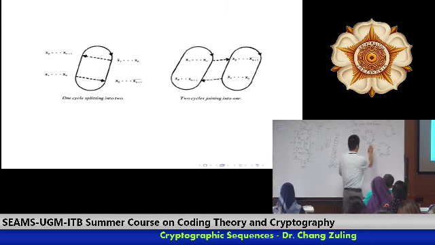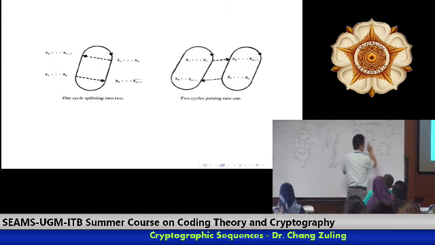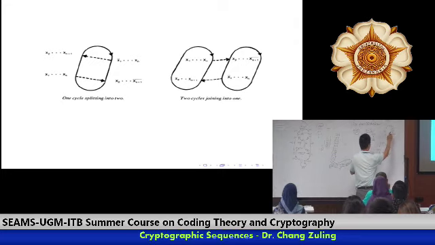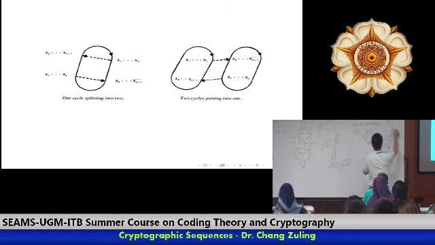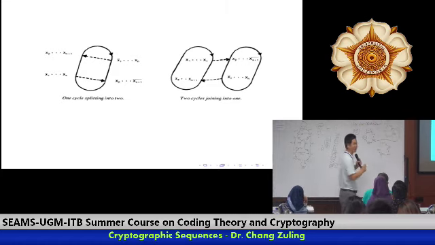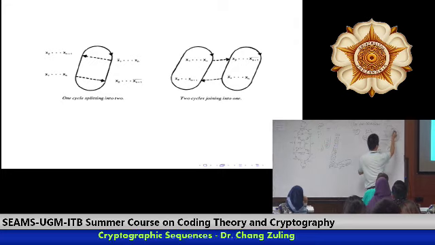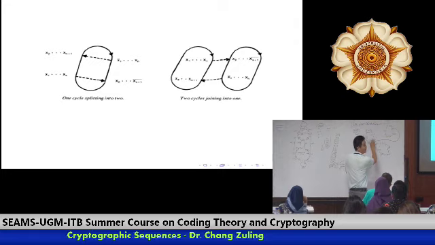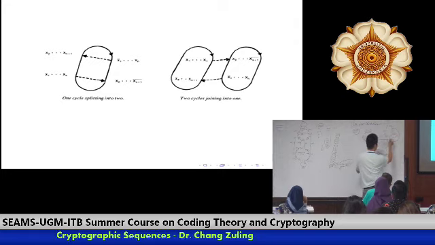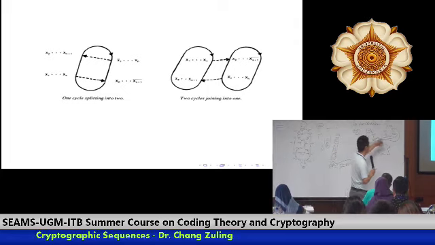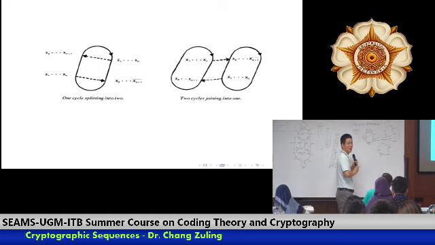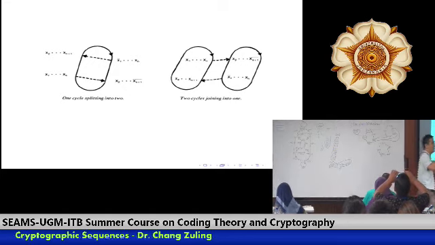If we change it, it will be cut down a little. So at this time, its successor will be this one. Here it joined into one. So this is the idea of cycle joining.